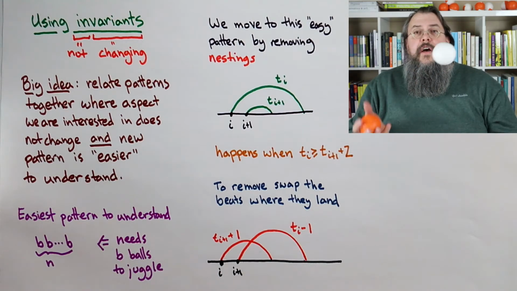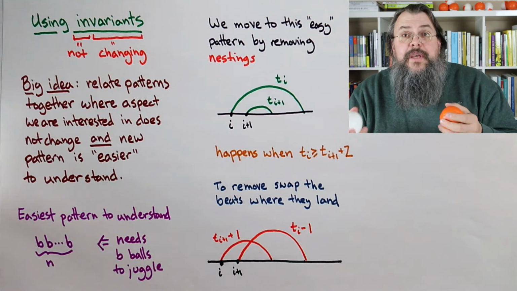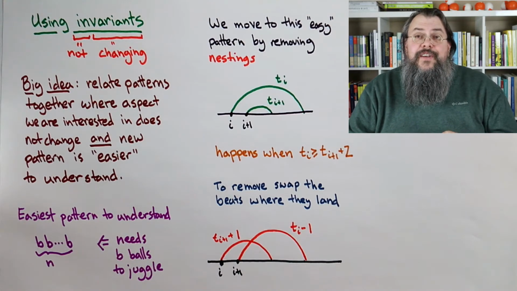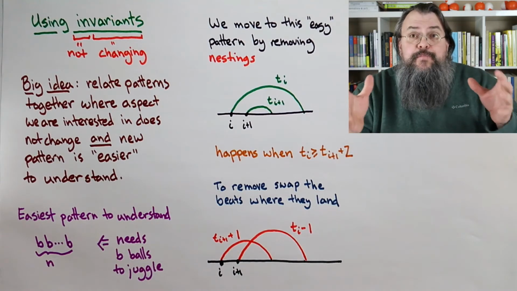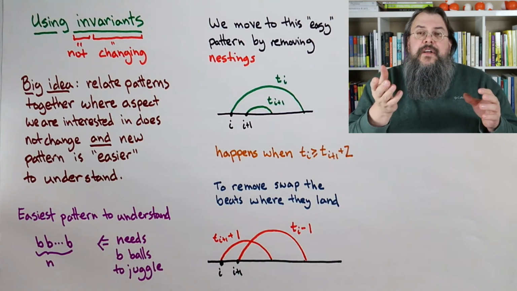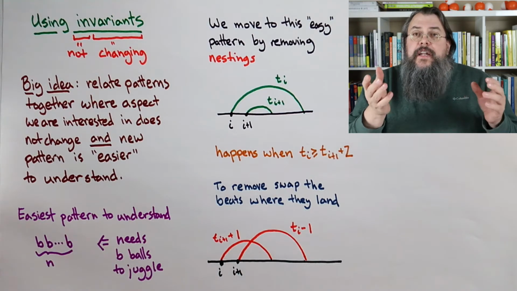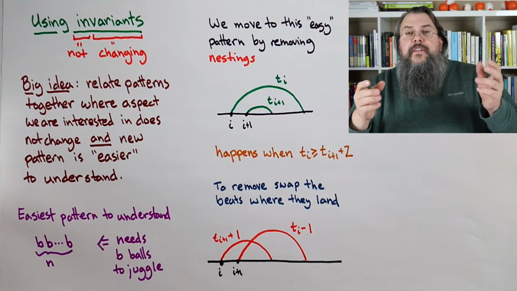And so now the question is, suppose you have that pattern, b, b, b, b, b, b. How many balls do you need? Well, you can actually see the answer is you need b balls, right? Because you start throwing the first ball and you say, okay, well, I need another ball because the first ball hasn't landed. Okay, and then the third ball.